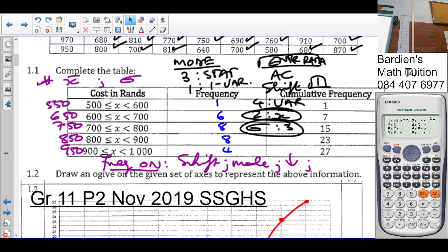And I think it's 5 for stat, or 4 for stat in this case, and 1 for frequency on. 4 for stat, and 1 for frequency on. Okay.